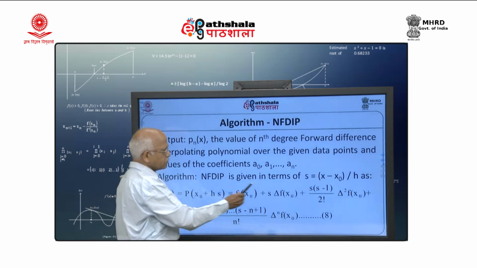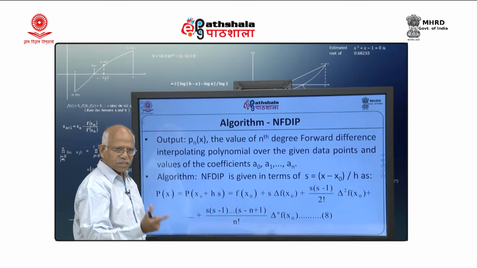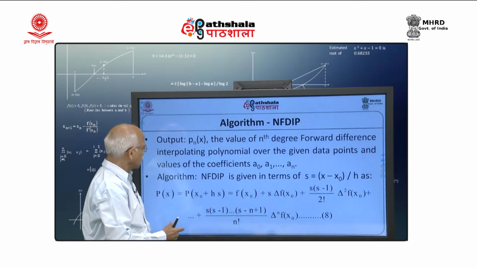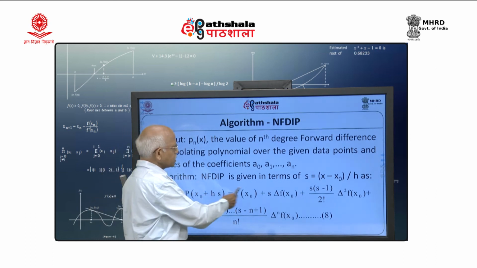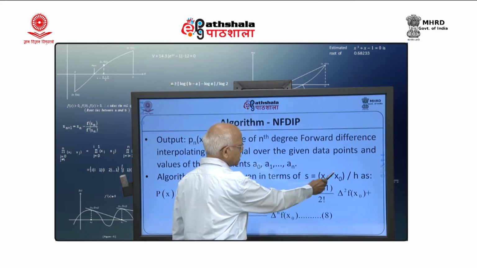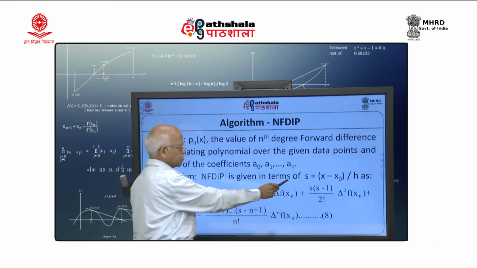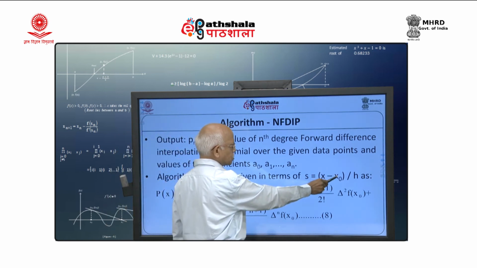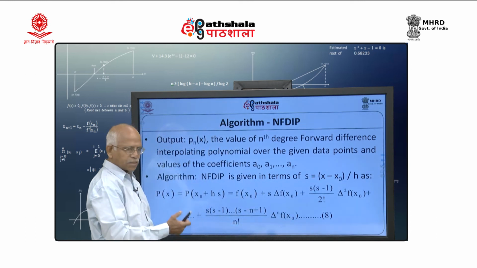Now, if you remember, in the previous module we have given the concise form of this interpolating polynomial, and that is given in terms of the value s, which is computed as (x minus x0) divided by h. x is the value given as input, x0 is your first observed value of x, and h is the step size.